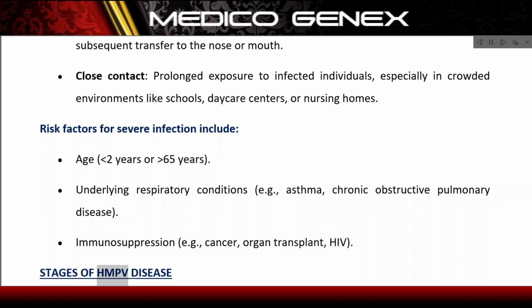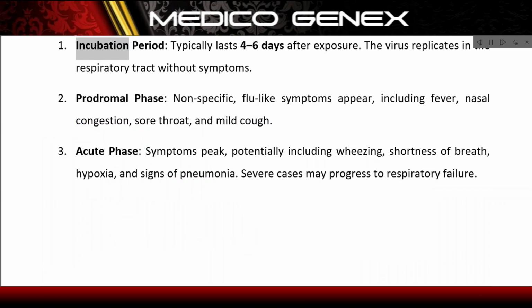Stages of HMPV disease. Incubation period, typically lasts 4 to 6 days after exposure. The virus replicates in the respiratory tract without symptoms. Prodromal phase, nonspecific, flu-like symptoms appear, including fever, nasal congestion, sore throat, and mild cough.